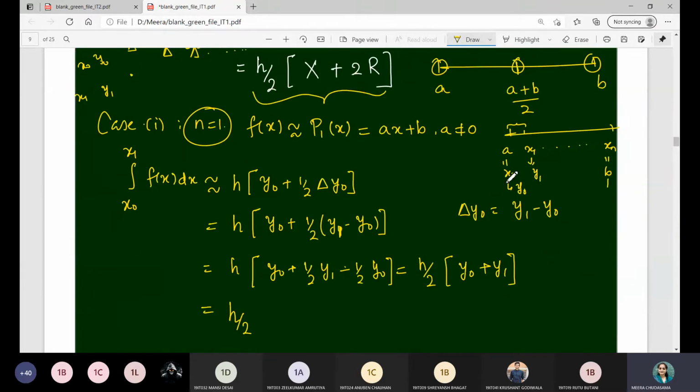Similarly, for the first sub interval x0 to x1, it is y0, y1 and h by 2, right? So similarly, we can compute the other sub intervals as well.